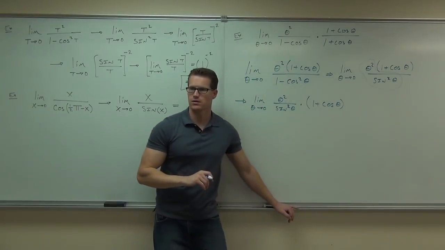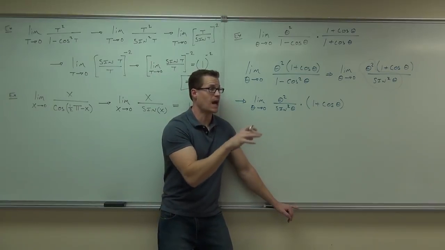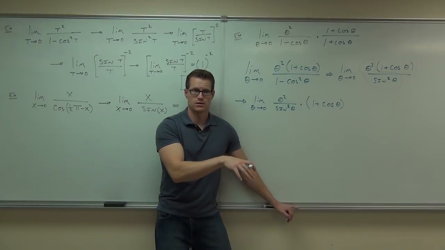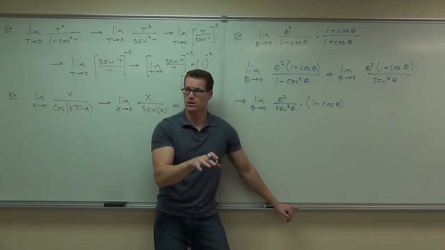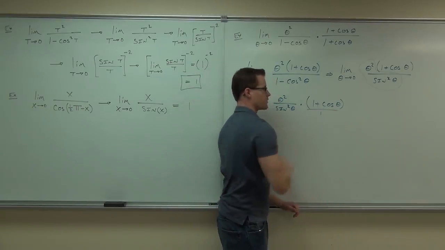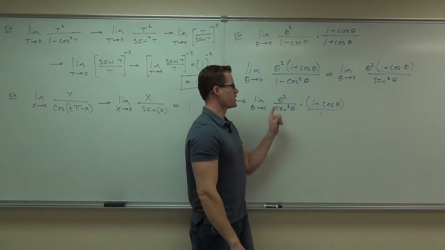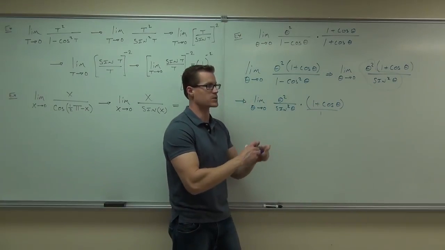Do you all have that in your paper right now? If you didn't get that, are you seeing how to get that? It's okay if it's a no, but I need to know it's a no. This is like over 1, right? If you multiply numerator times numerator and denominator times denominator, it will give you back that thing. Therefore, we can split it up in the opposite manner.